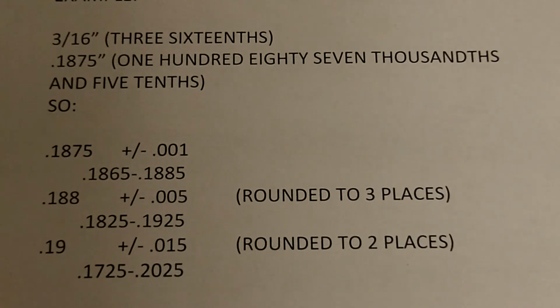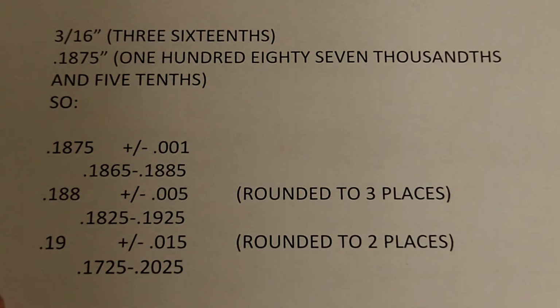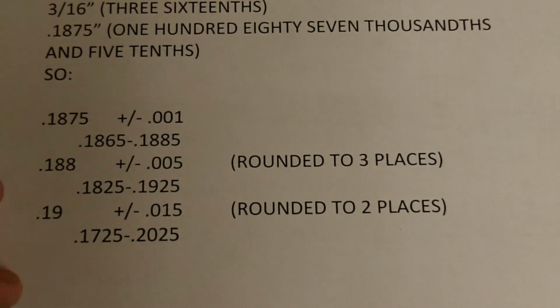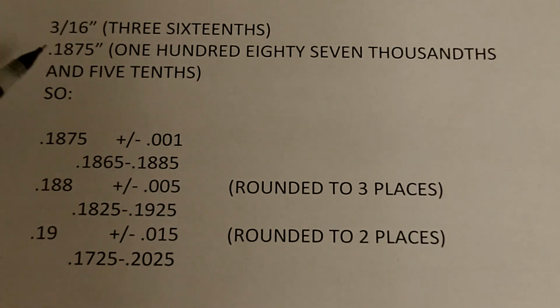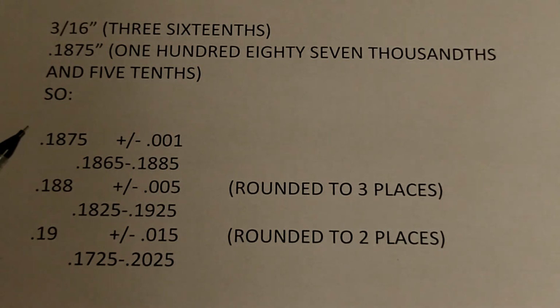If you take 3/16 of an inch and you convert it into a decimal, you have 0.1875, 187 thousandths and 5 tenths. Okay. Now, that's how we talk about it. So you'd have 187 thousandths 5 tenths. Now, let's take these same numbers and let's work them as far as our tolerances go.